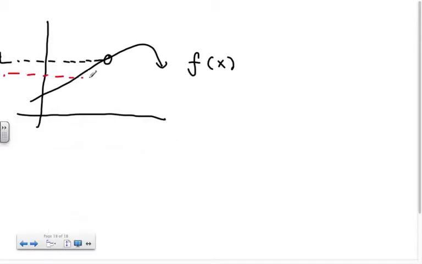Between here and here, the distance is epsilon. So the idea is that epsilon corresponds with the y-axis.